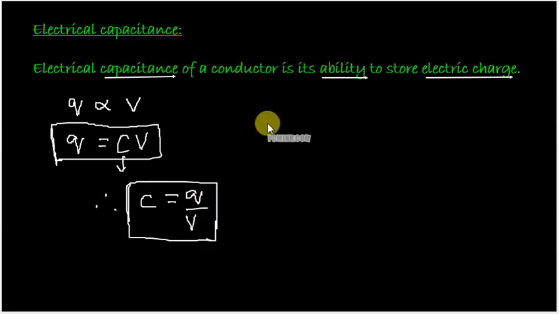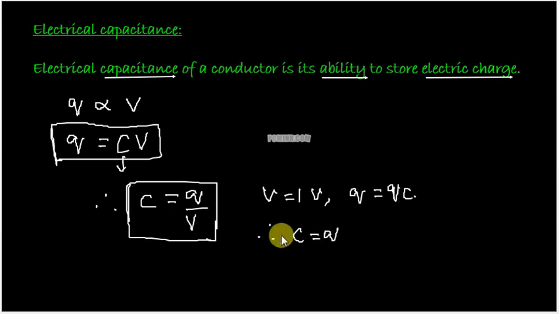So C = Q/V. If charge Q coulomb is given to it and its electric potential rises by 1 volt, then the capacitance is equal to Q. So we can also define that the capacitance of a conductor is numerically equal to the electric charge that is required to raise its electric potential by 1 volt.